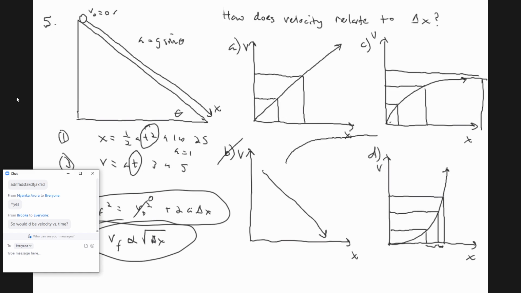How is velocity constant? Does it reach a constant value at some point? Nope, it continually increases. It just increases less than displacement. Answer choice C is like that. It's continually increasing, right? What does the square root graph look like?